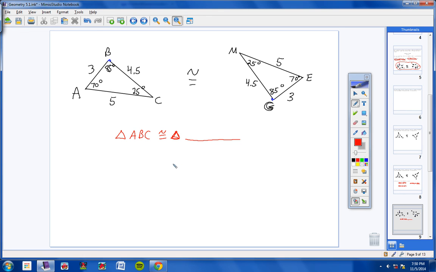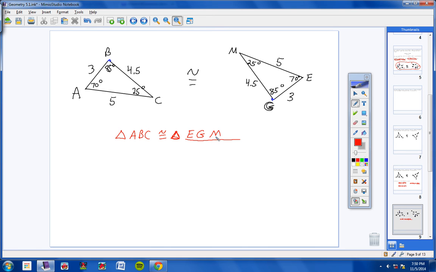ABC. Okay, well, angle A is first. Angle A is 70 degrees. Over here, angle E is 70 degrees. So put the E first. Next is angle B. Well, B is 85 degrees. So what angle over here is 85 degrees? G. So G comes next. And then the only letter left over here is M.